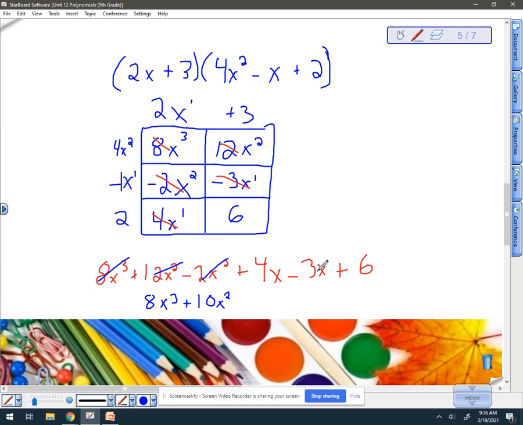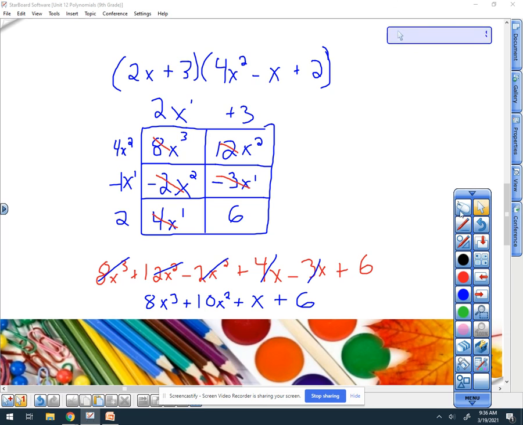Then we have an x and an x. So 4x minus 3x is 1x. So that's just plus x. And then plus 6 on the end. So now that's our polynomial. It's in standard form. It's simplified. We combine like terms. And that's what you've got.